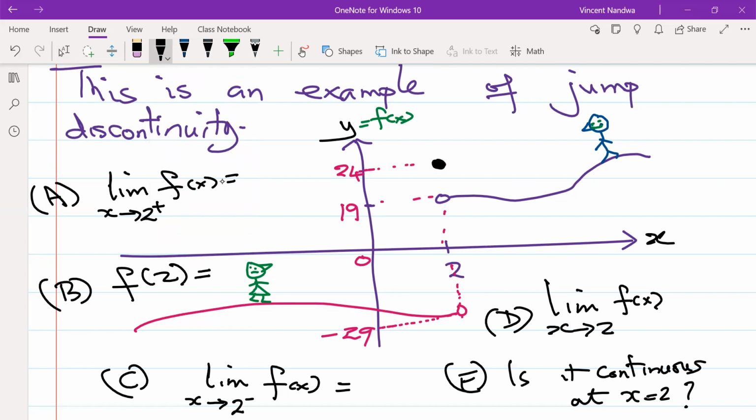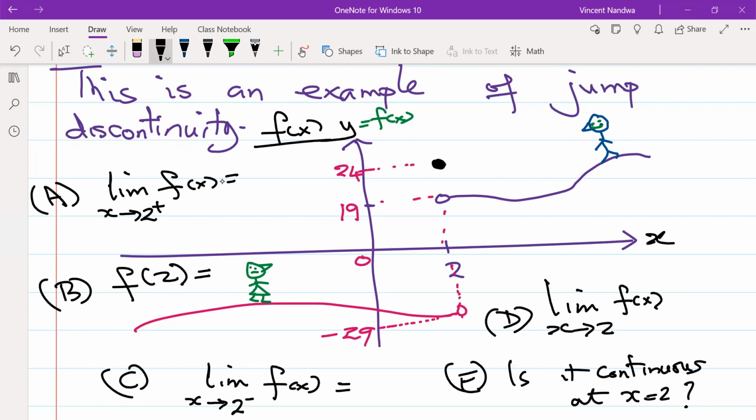Okay, so there's a boy and a girl. Believe that these are boys and these are girls. So please trust the process. Remember, all this graph defines one function. So how do we get the right-hand limit?